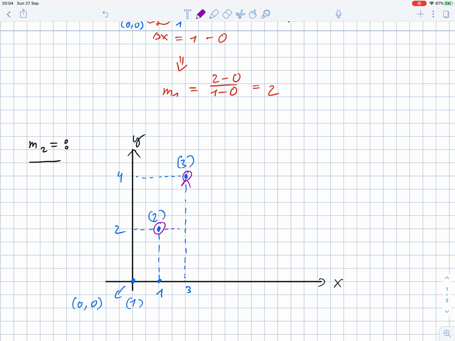Delta y between those two coordinates is the difference between 4 and 2, so delta y equals 4 minus 2. Delta x equals 3 minus 1.